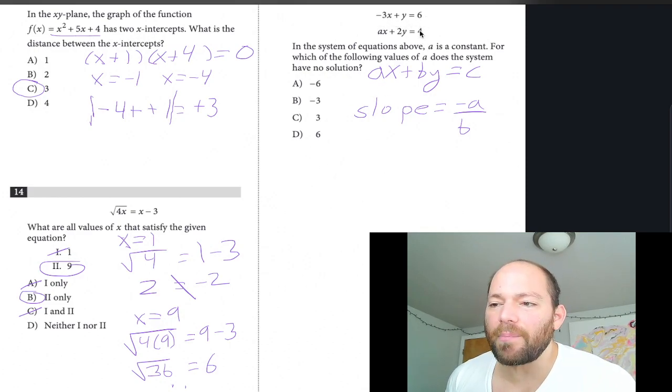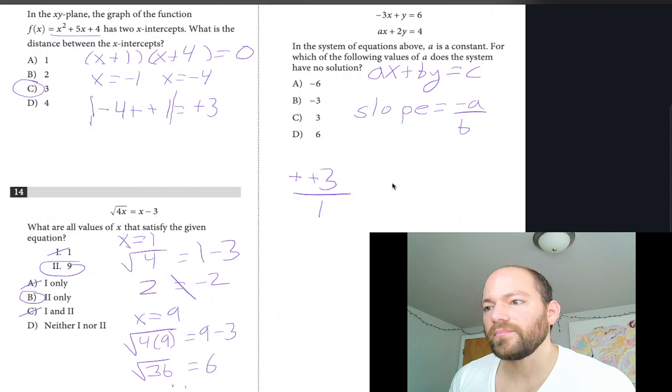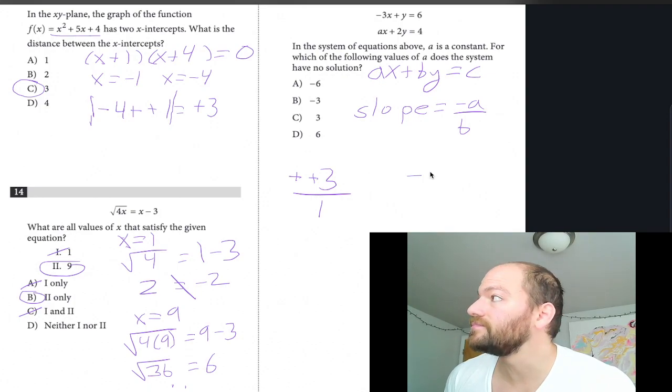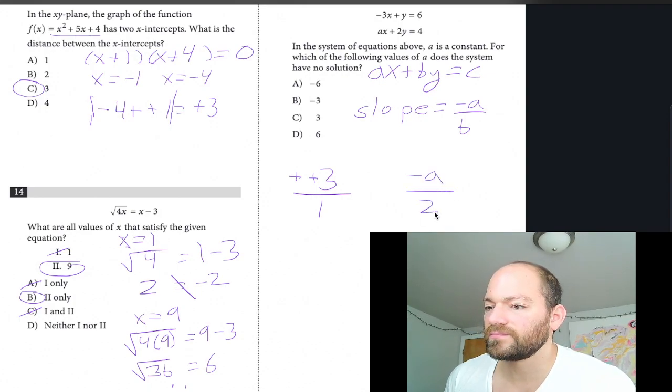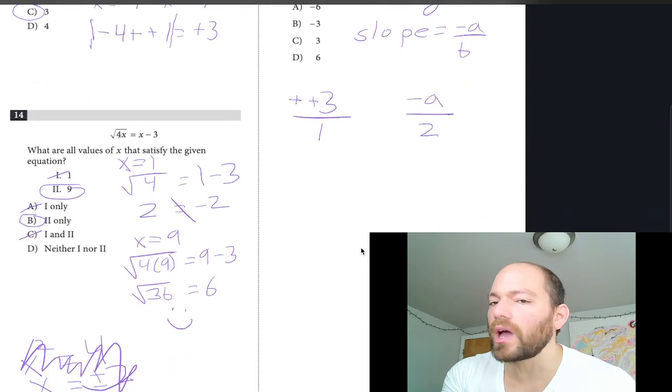The slope of the top one is going to be negative a, so negative 3, which is going to be positive 3, over b, which is 1. Okay, so it's 3. And then the slope of this one is going to be negative a over 2. And they're parallel lines, right?